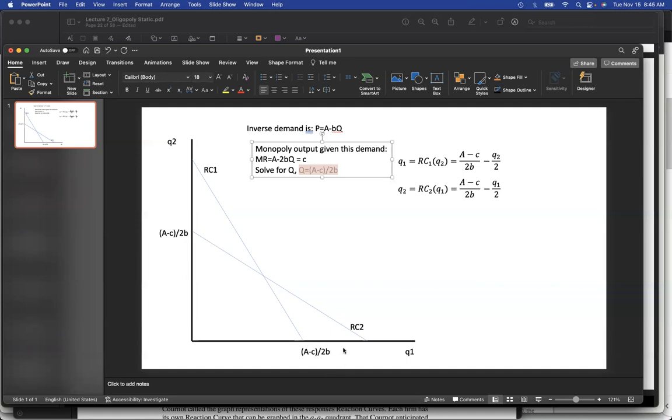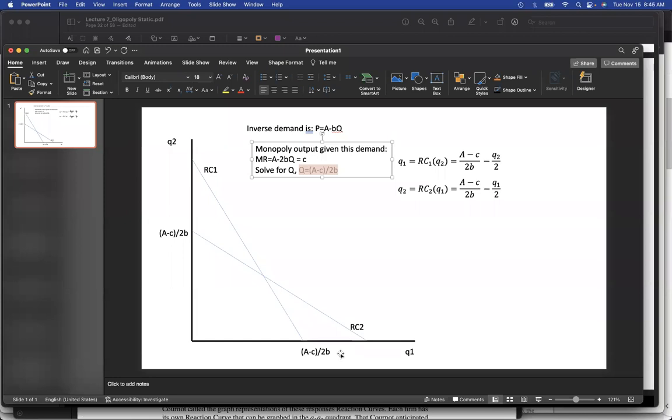So ano to? Ano tong output na to? In words. It's the monopoly output of which firm? Of firm 1.